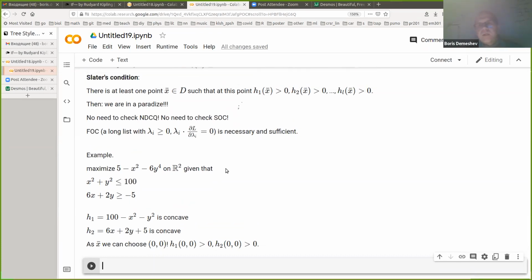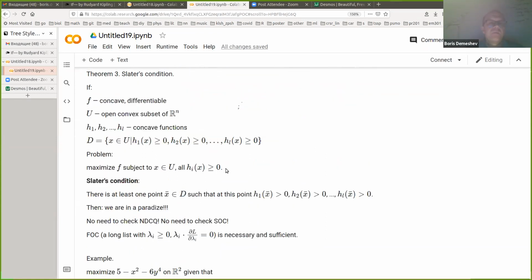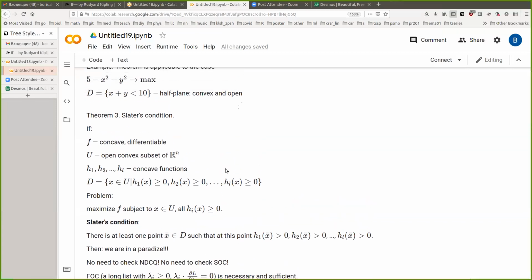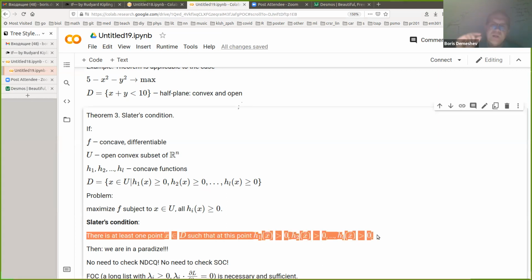Basically, it's better. So our lecture is finished, but the problem is maybe we will discuss some counterexample next time to this theorem. To develop intuition, you need to just try to construct an example where this condition, Slater's condition, is violated and there is no such point.